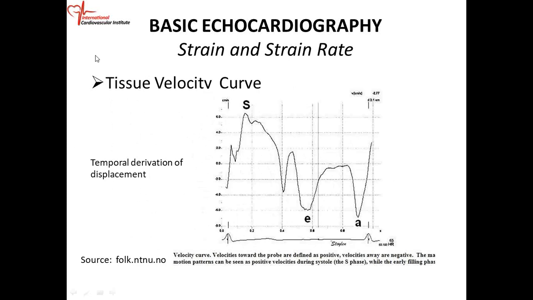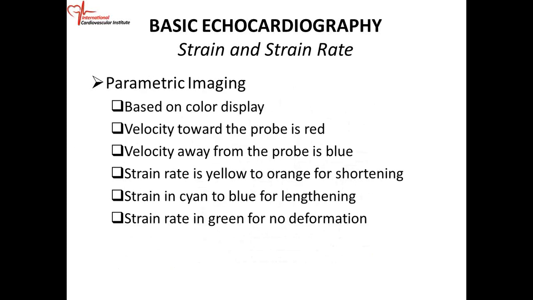We also talk about parametric imaging, which is based on color display. Of course, velocity towards the probe is red, velocity away from the probe is blue. Strain rate is yellow to orange for shortening.